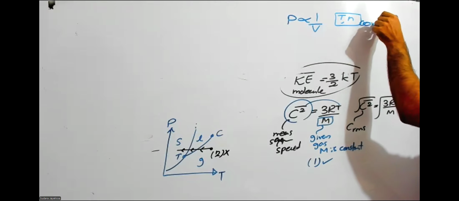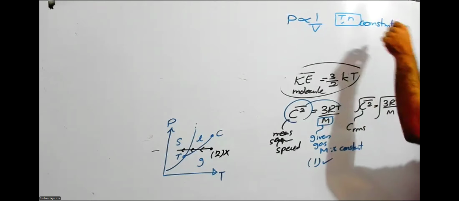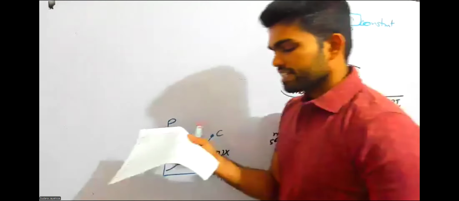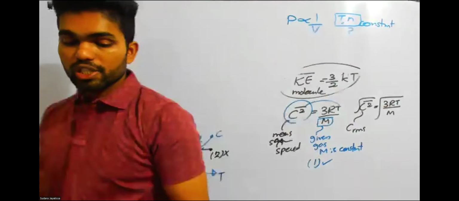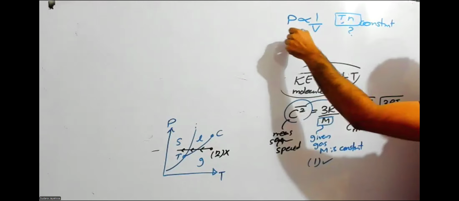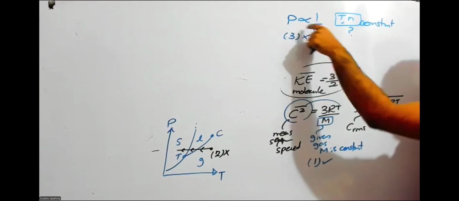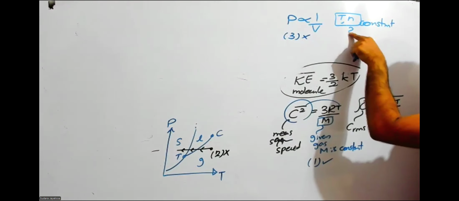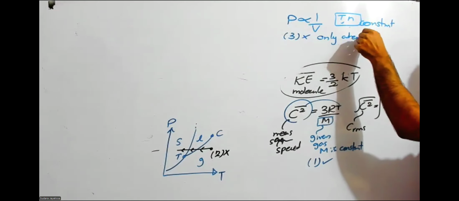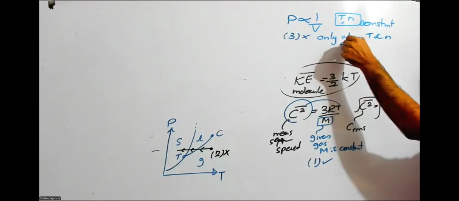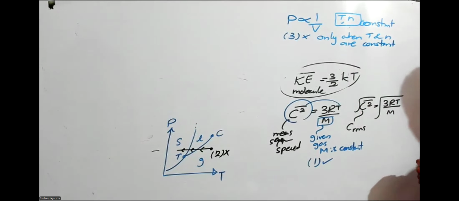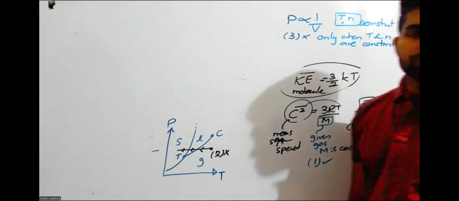These two must be constant. But in this statement, are they telling about these two? Look at the statement. For ideal gases, pressure is inversely proportional to volume. That's the only thing they say. But this statement is wrong, because this will be inversely proportional only when temperature and moles are constant. Okay, so therefore third statement is wrong.